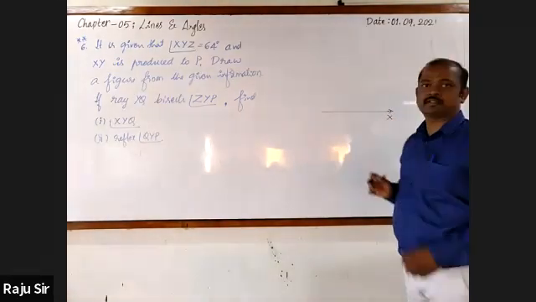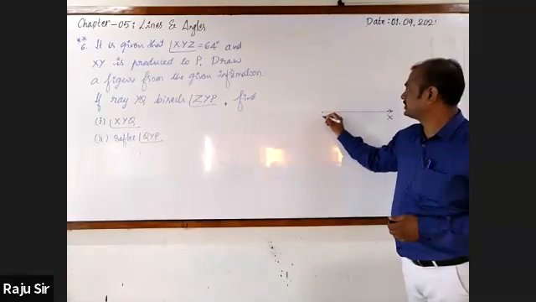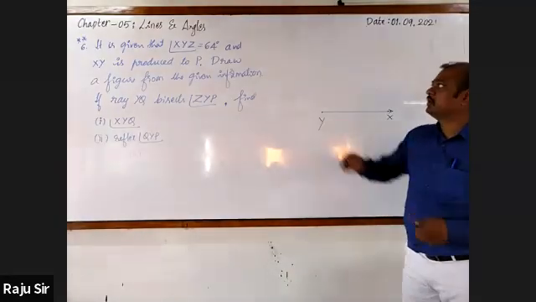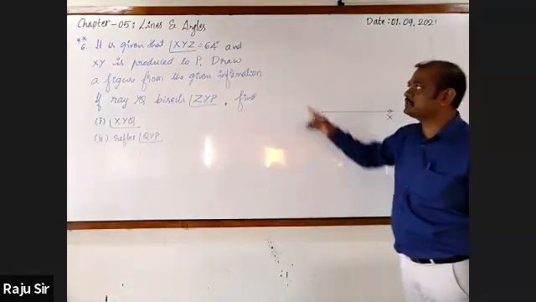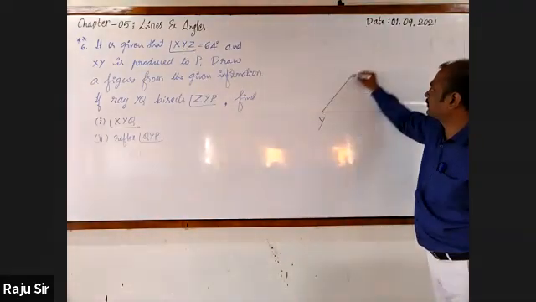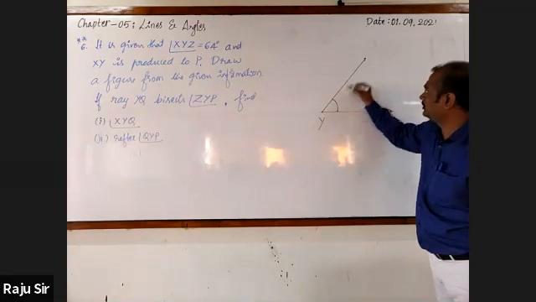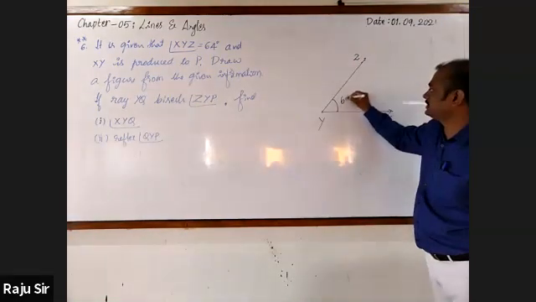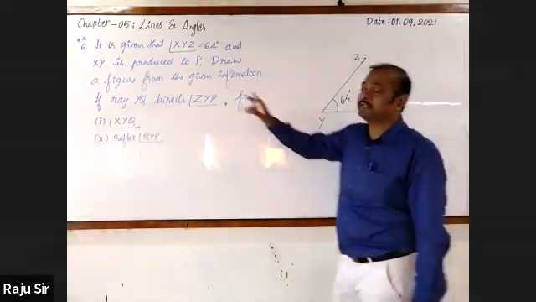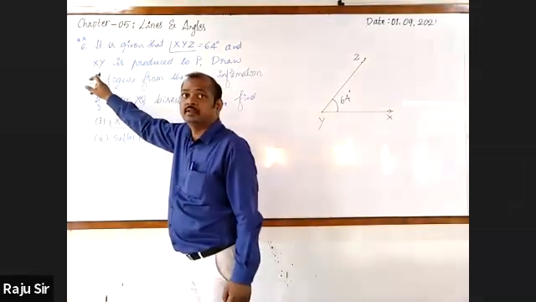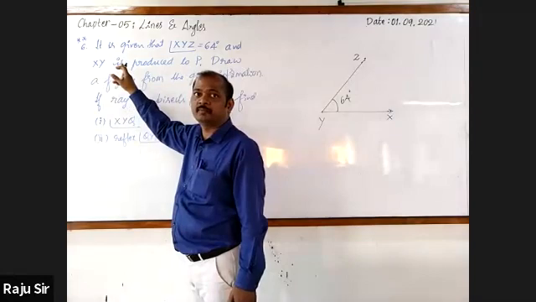This is X. This is Y. Angle is formed at Y. How much is it? 64 degrees. Approximately draw X, Y, Z. This is 64, right? Next. Prajwal, look here. Manoj.